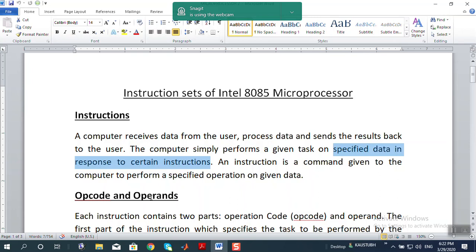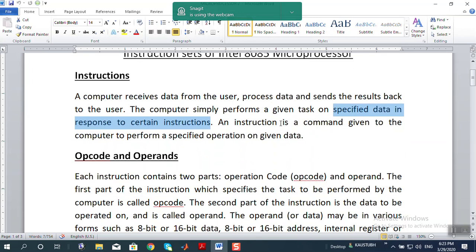Now what is an instruction? An instruction is a particular command given to the computer or the CPU to perform a specified operation on the given data. So an instruction is a command for a particular operation on given data.